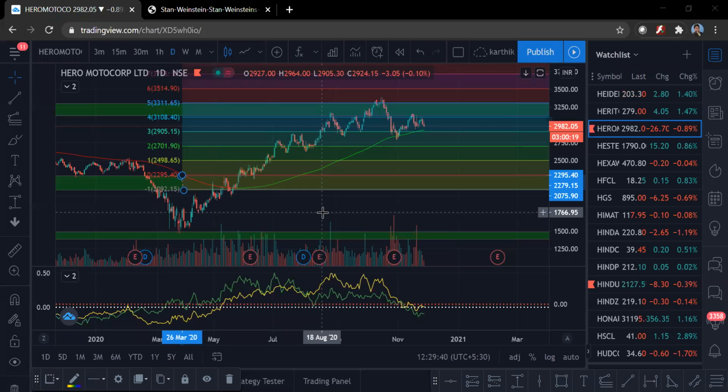When the stock looks like it is easily going to give you 1:1 or 1:2 from your entry, those kinds of stocks you should try to go with. Even if you think the stop loss is too huge, and there is no proper prior price action to indicate where the stop loss level should be, and with all these confusions, the best thing to do is just avoid the stock.